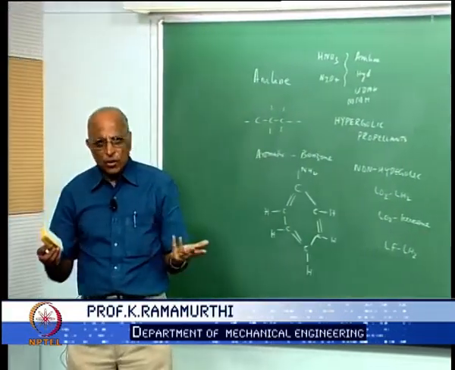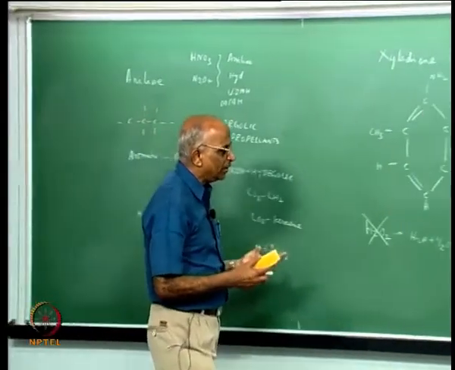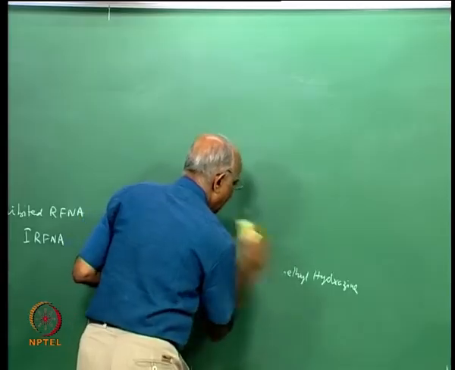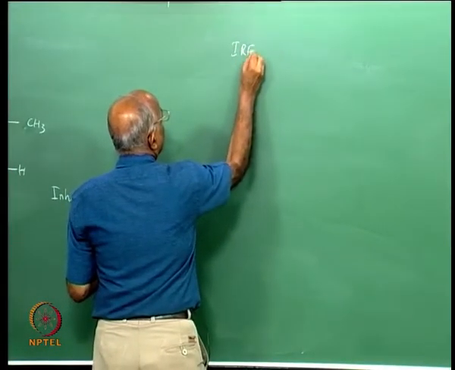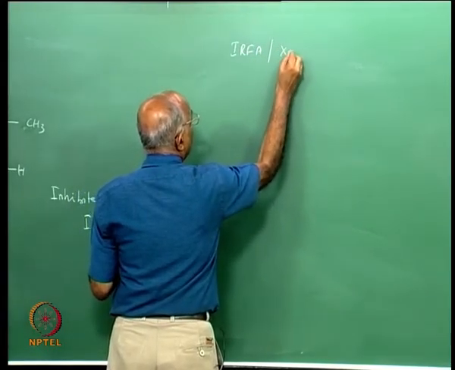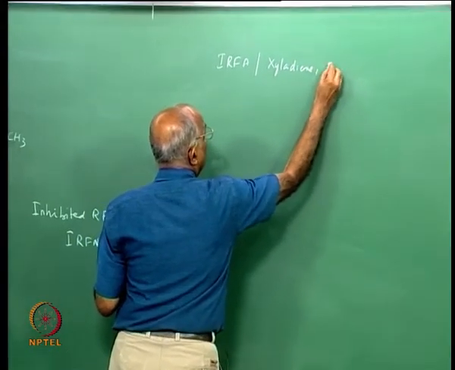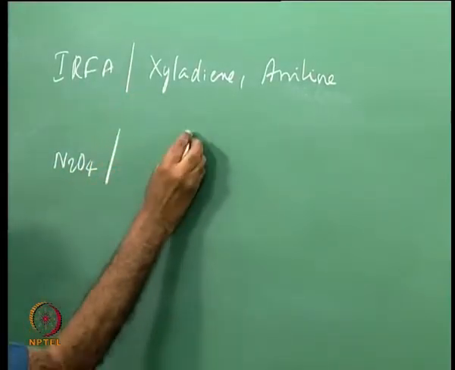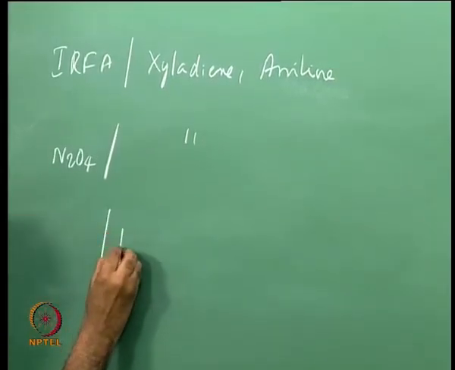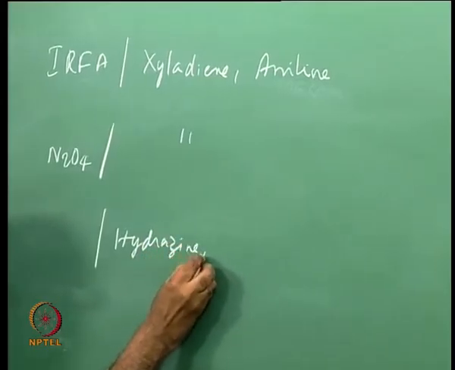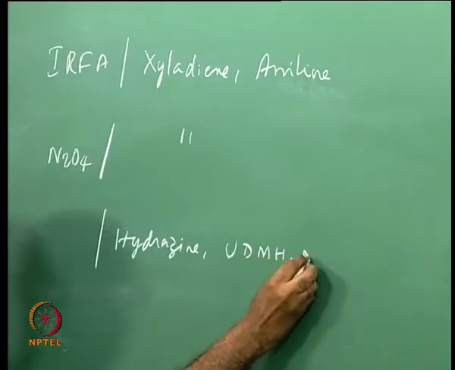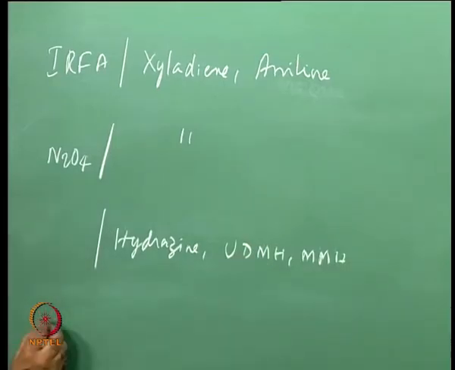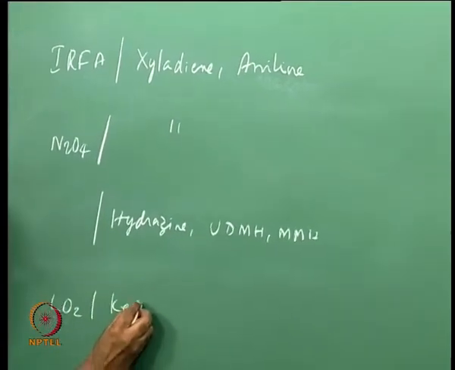They are low performing, very low energetic, and therefore if I were to summarize the low energy propellants in terms of energetics, I can say IRFNA with maybe xylidine or aniline, then N2O4 is a little better with the same combination, and N2O4 will be still better with hydrazine, maybe with UDMH, maybe with MMH, that is unsymmetrical dimethylhydrazine and monomethylhydrazine, and then the last one is maybe LOX with kerosene.